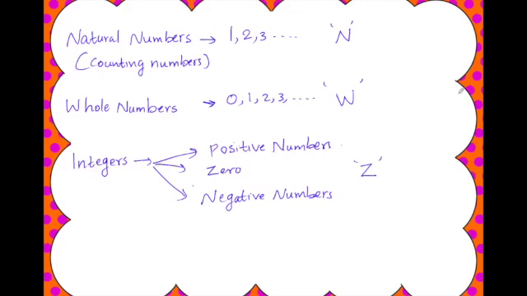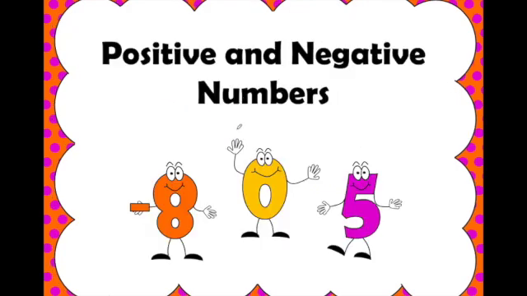Let's move on. So we studied that integers are a set of negative numbers, 0, and positive numbers. These are just examples, but we'll have -1, -2, -3 until negative infinity, then 0 in the middle, and after 0 we have 1, 2, 3 until positive infinity on the right side.